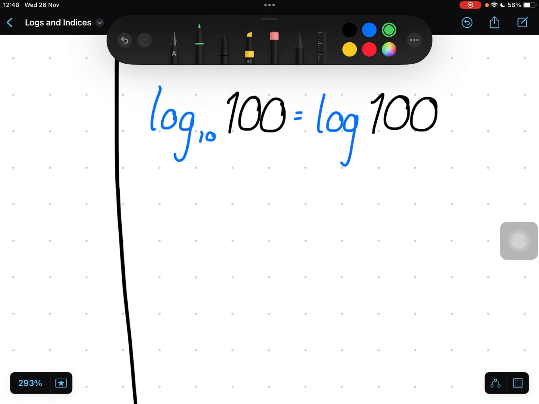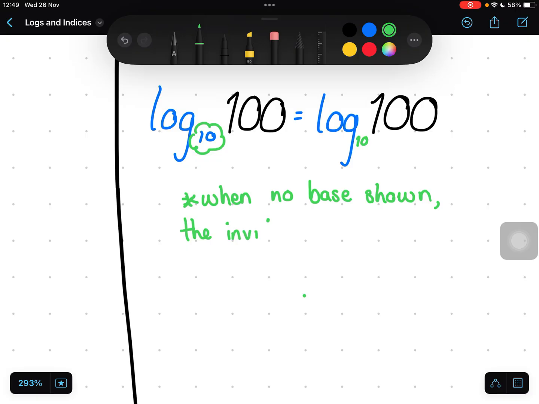So 10 is our invisible base if ever we come across a situation where there's no base shown. So when there's no base shown, the invisible base is 10.